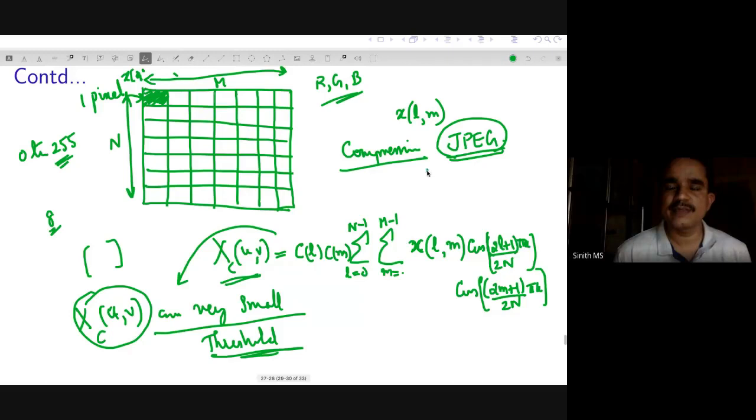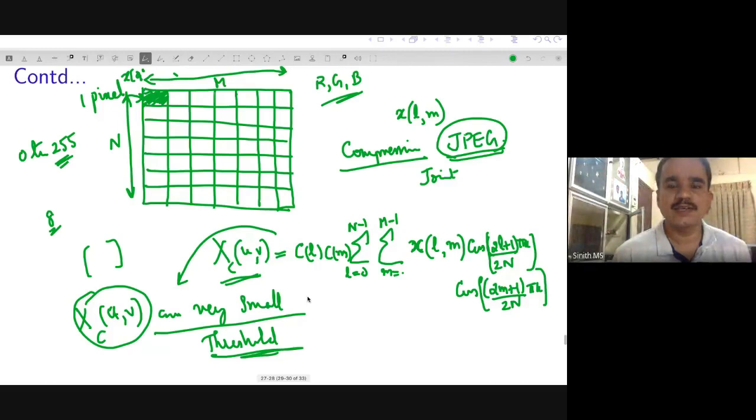JPEG, the full form is Joint Picture Expert Group, is a standard for compression, and in normal JPEG they use the discrete cosine transform. So how does the compression happen?